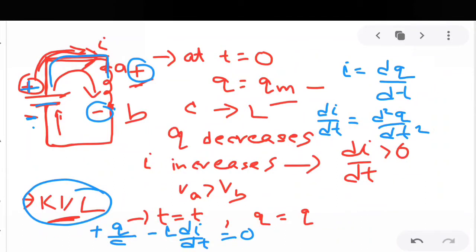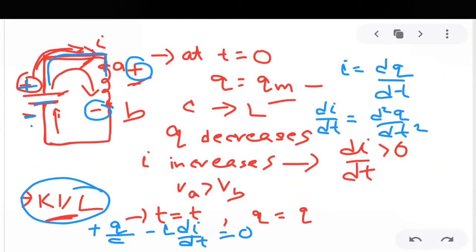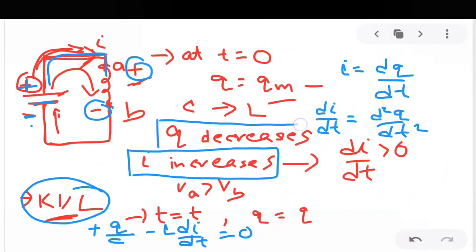But here we have seen that current increases and charge is decreasing. Q is decreasing, so I will be equal to minus dq by dt, and di by dt will be equal to minus d square q by dt square. If you substitute that value over here, we get q by C plus L d square q by dt square is equal to 0.